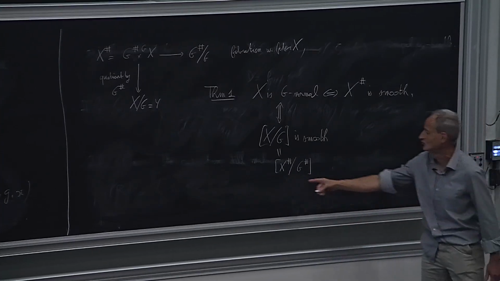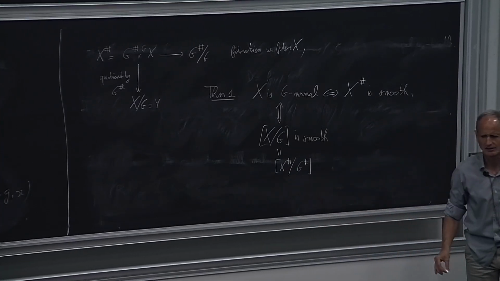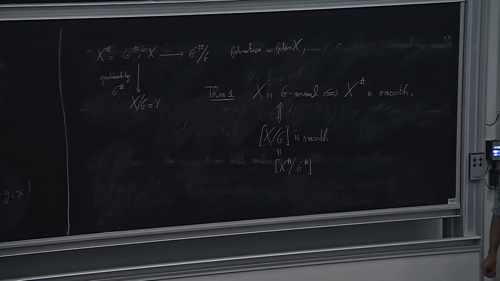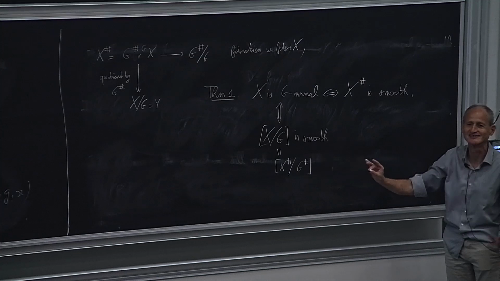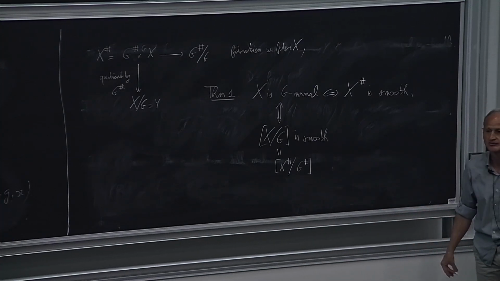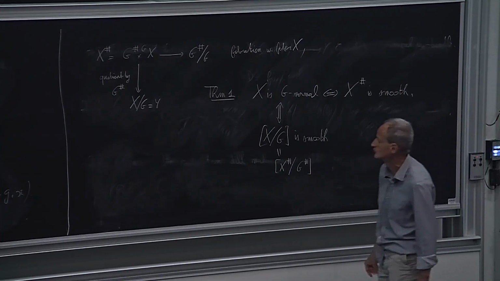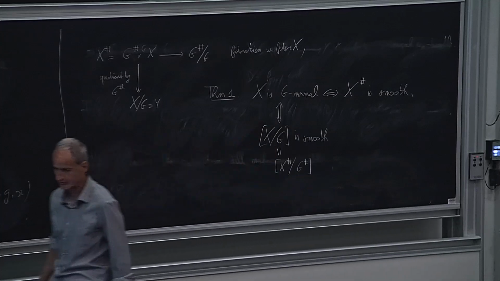So this is equivalent to the smoothness of this. I must say I don't really understand what this stacky word means. I can just do a first exercise in stacks to prove this. That's my understanding. But still, I think it's good to mention.